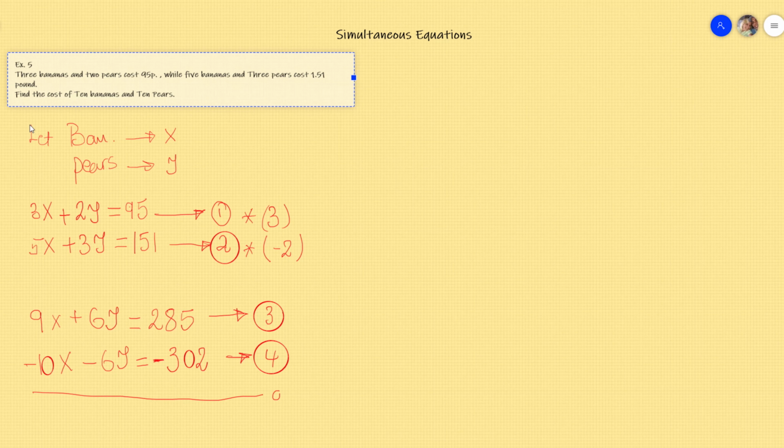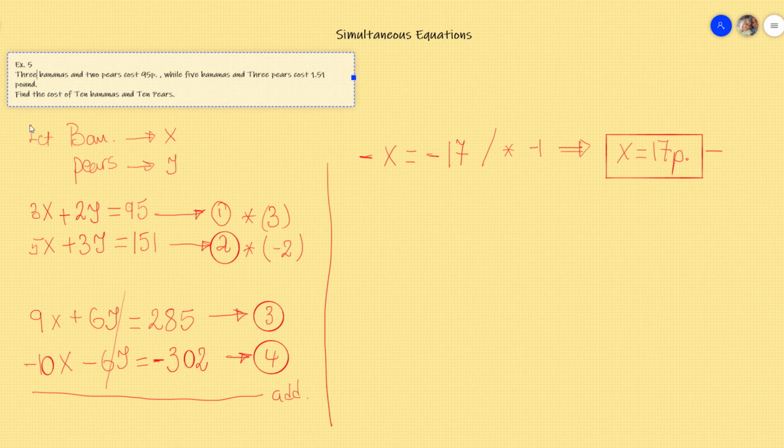By adding, 9x minus 10x will give negative x, and the y terms cancel each other, and here we will have negative 17. So by multiplying by negative 1, we have that x is equal 17 pence. So 1 banana is 17 pence.